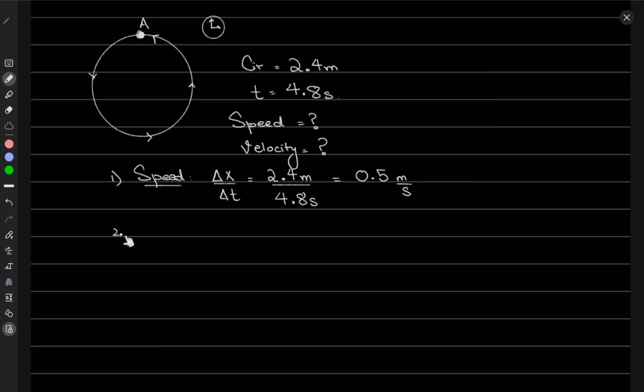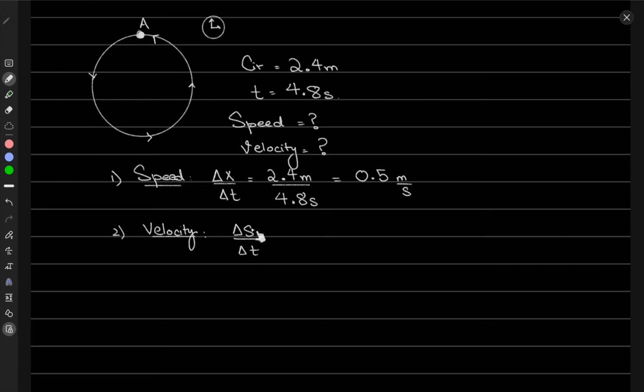Now, suppose I also want to compute the average velocity of this train. Remember, average velocity is defined as the change in displacement divided by change in time.